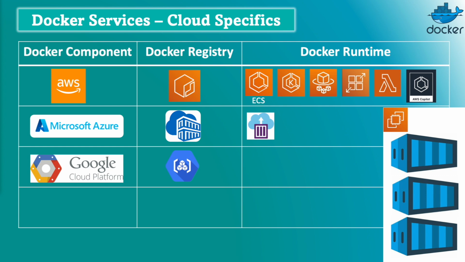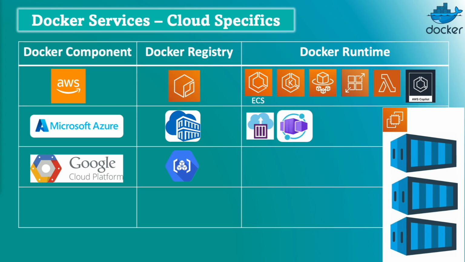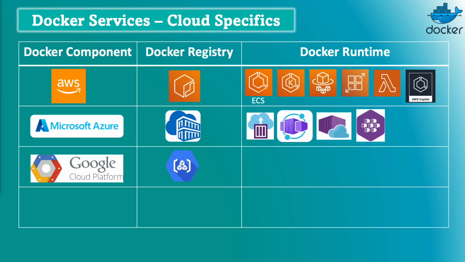Moving to Azure: Azure Container Registry, then Azure Container Apps, then Azure Web App for Containers. If you want to manage Kubernetes workloads, then Azure offers Azure Kubernetes Service, and Azure also has an offering called Azure Service Fabric. Next, GCP.